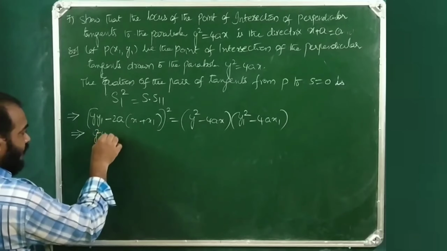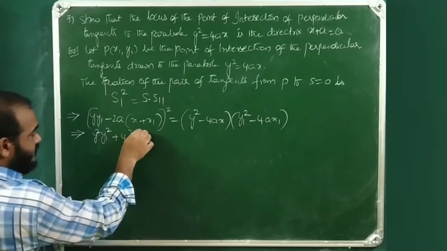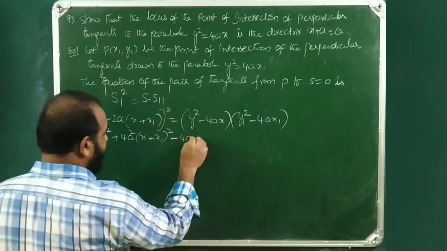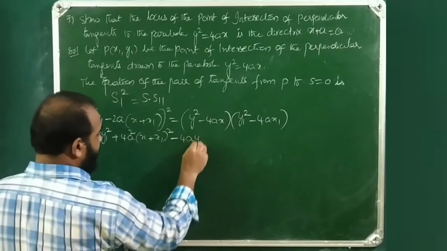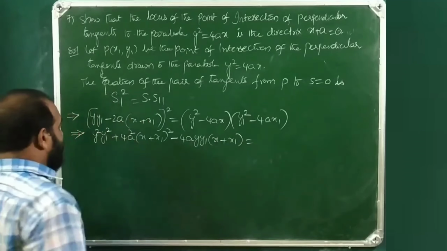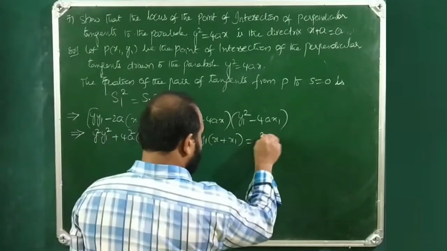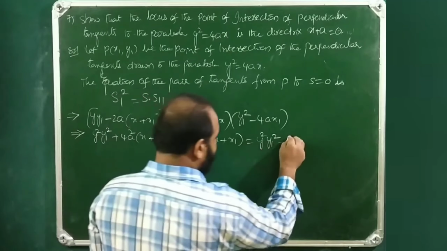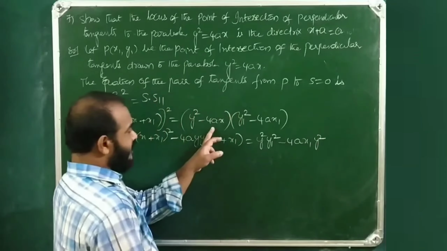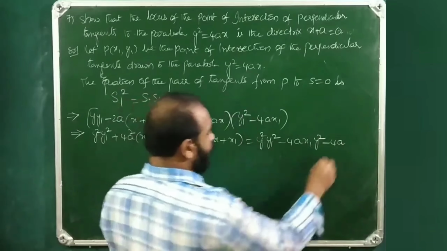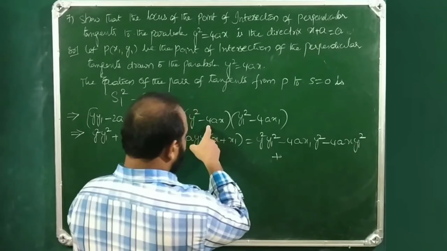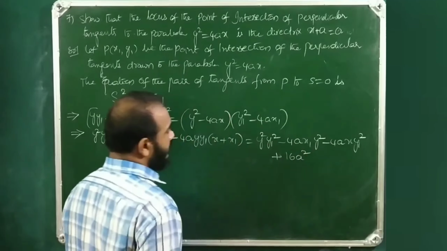So y square y1 square plus 4a square (x plus x1) whole square minus 4a y1 into (x plus x1) is equals to y square y1 square minus 4a x1 y square minus 4a x y1 square plus 16a square x x1.